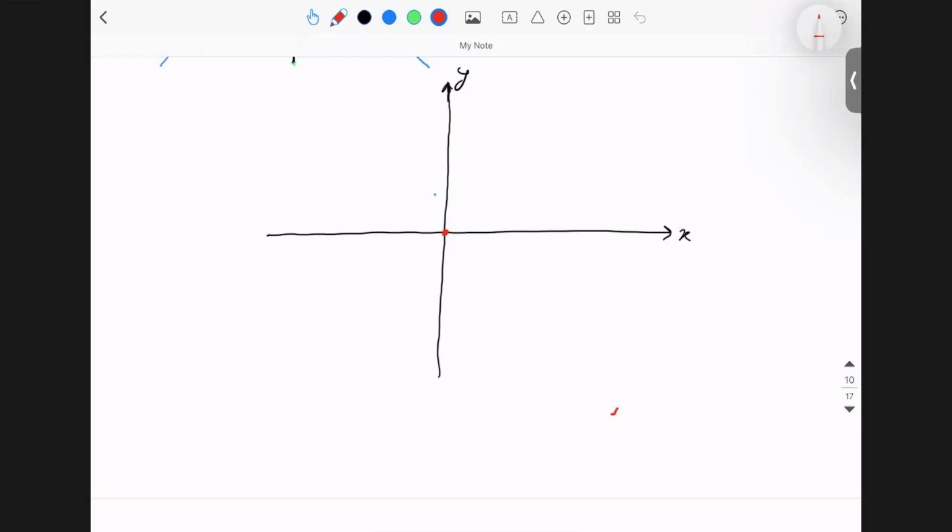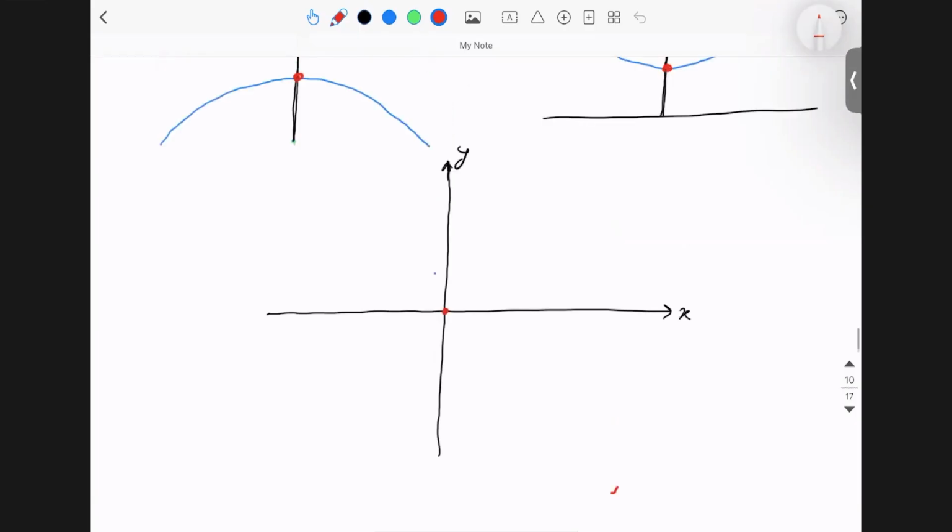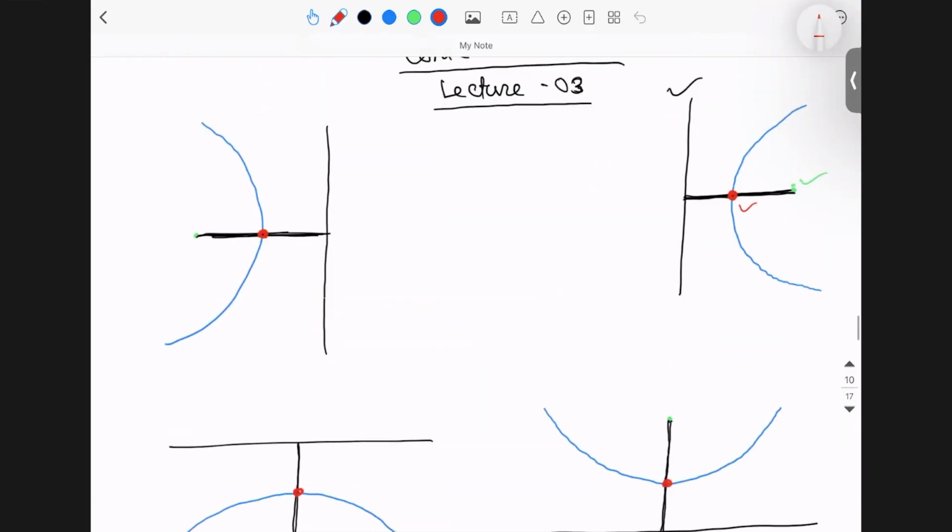Okay. Now from here, what I need is a fixed point, drawn in green, and a straight line, drawn in black, which should be on the opposite side from the direction in which the green point is lying.